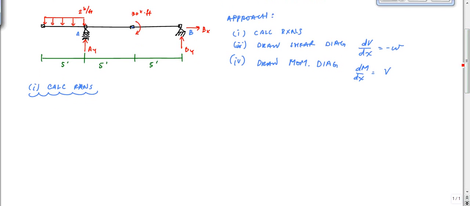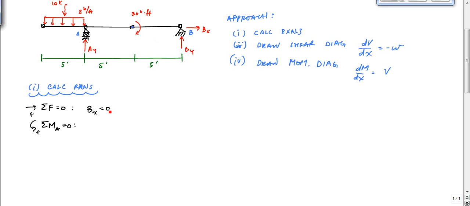For calculating reactions, automatically the sum of forces equals 0 to the right, so Bx equals 0. That's a no-brainer. The fastest way to solve for Ay and By is to sum moments about various points. If I sum moments about A equal to 0, the resultant of the distributed load is 10 kips, the area of that.